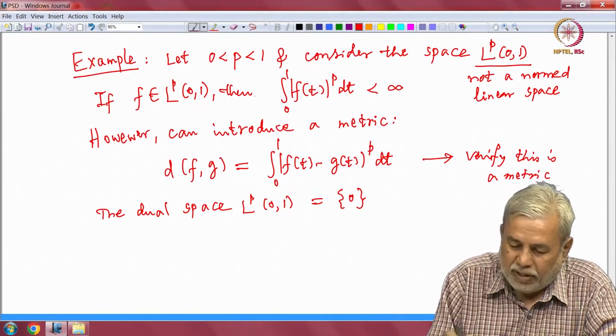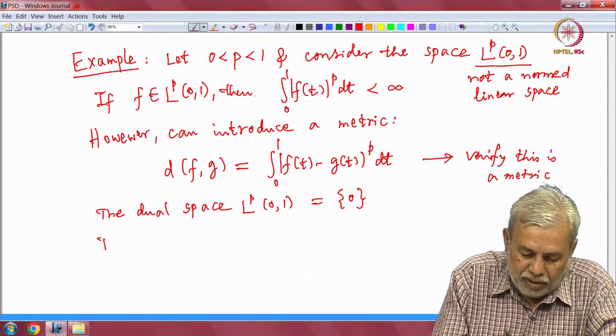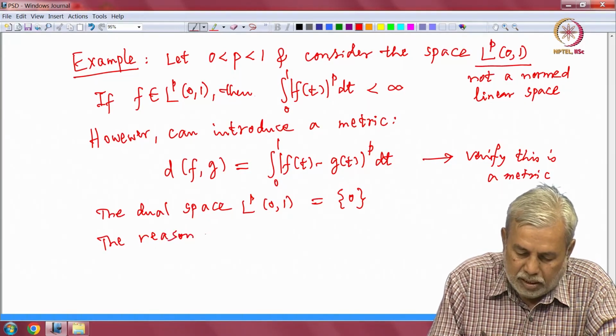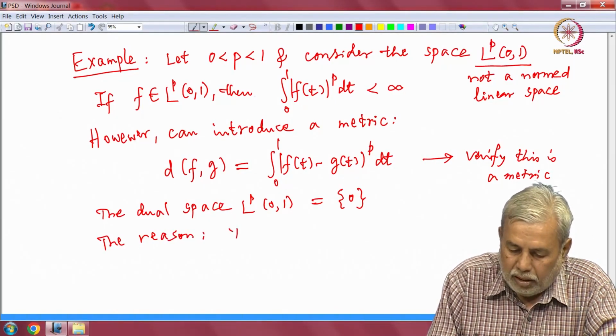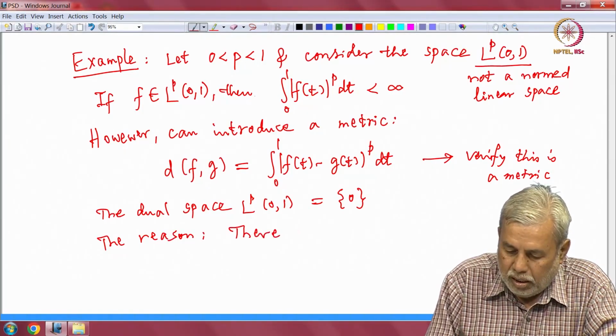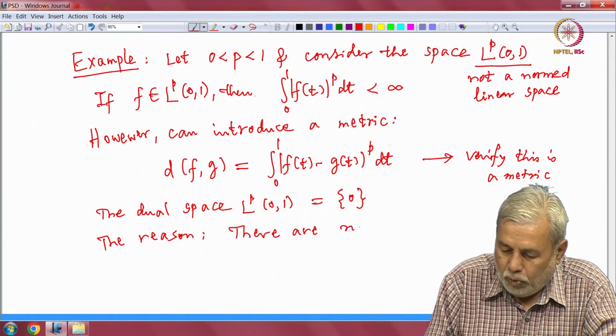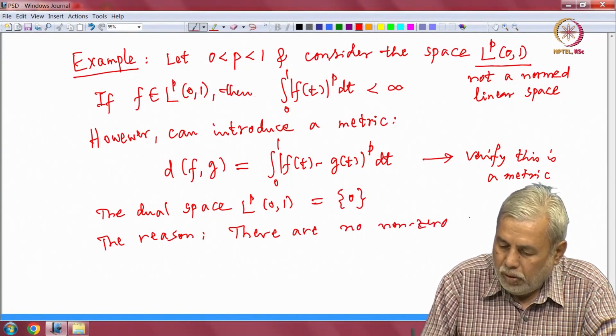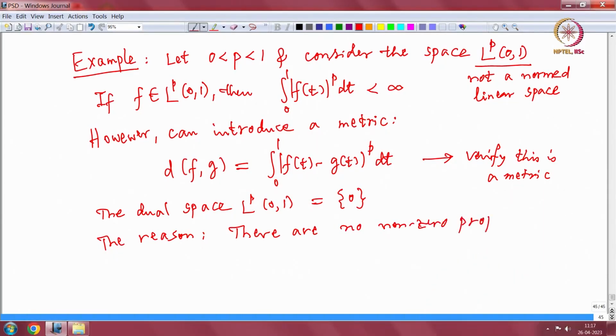The main reason for this is that in this region there are no non-zero proper open convex sets in LP(0,1).